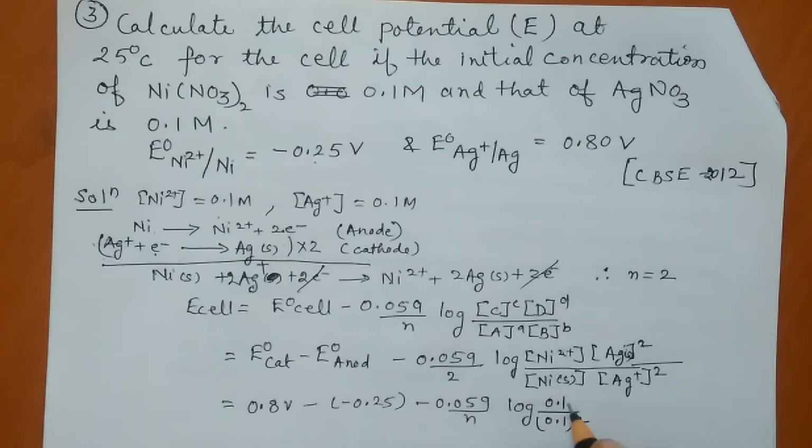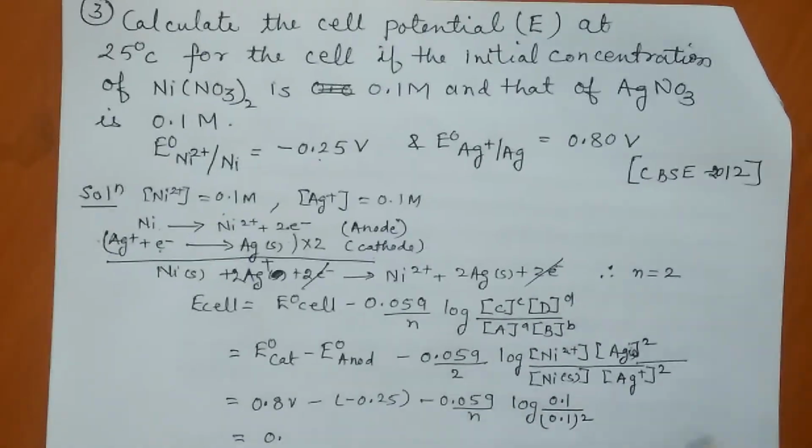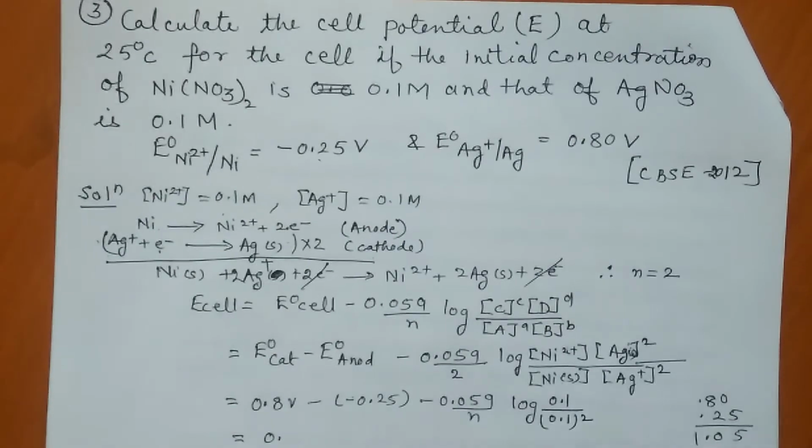Now when you solve this, you get log 10, because 0.1 upon 0.1 into 0.1 gives 1 by 10. So when you solve, 0.8 and minus becomes plus, so the value is 1.05.